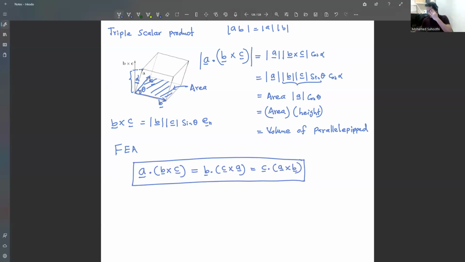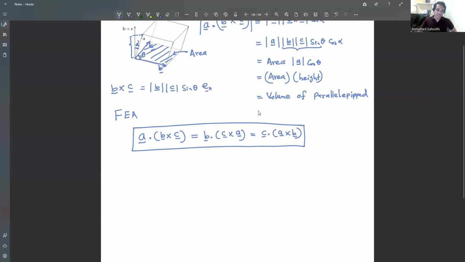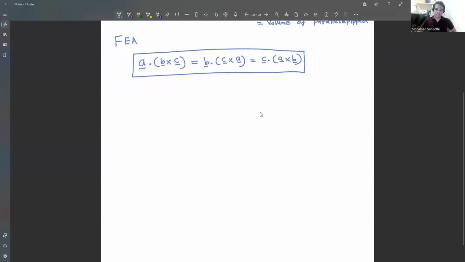Okay. Now, what is our next thing? Let's write our triple scalar product in terms of index notation, right? In my style, all the equations I will explain to you in index notation, because personally I like this notation very much, it helps me a lot.